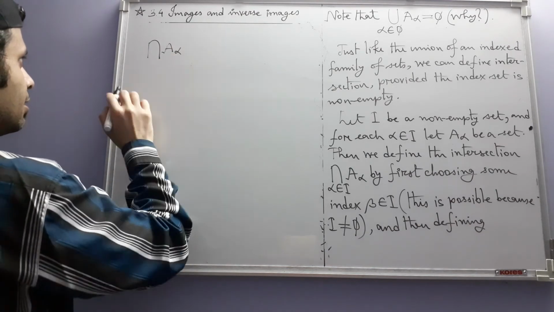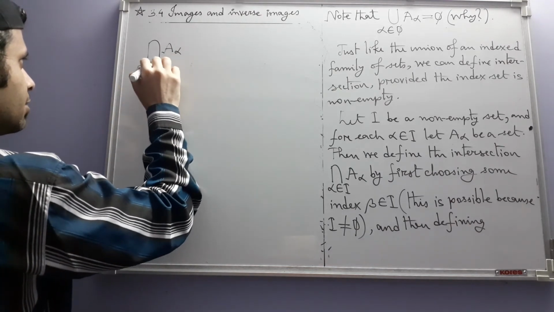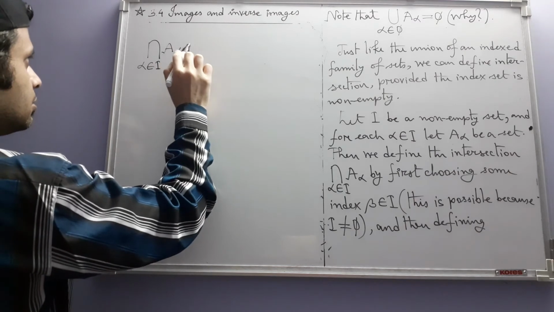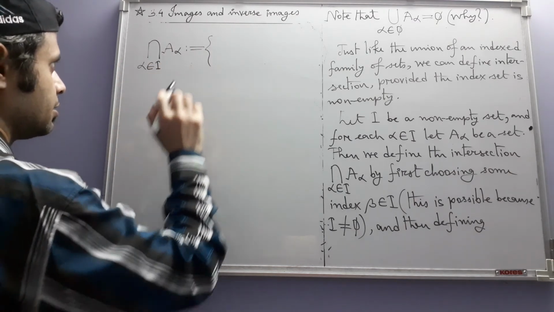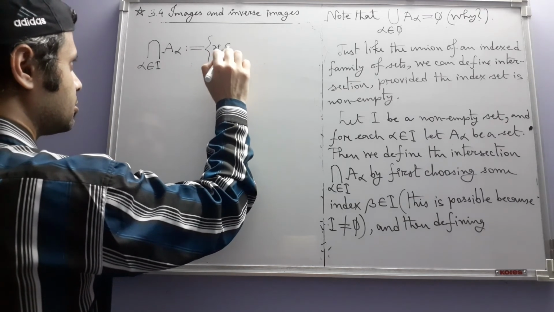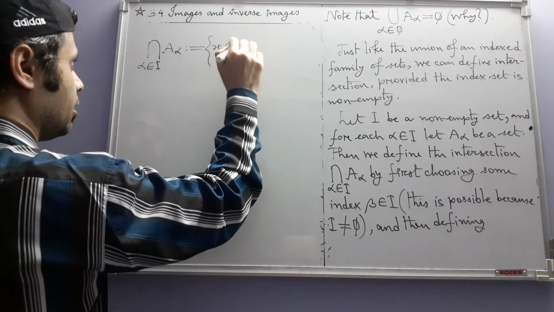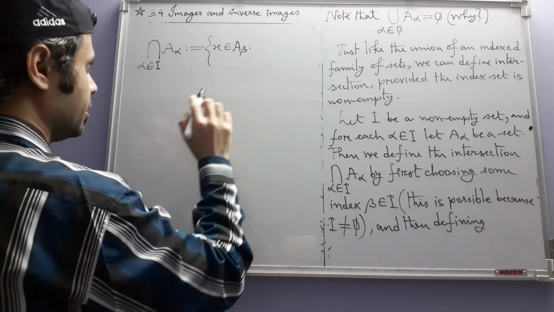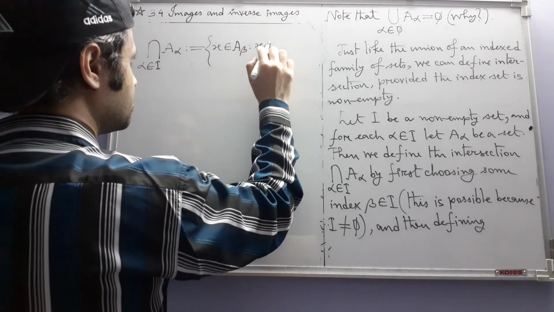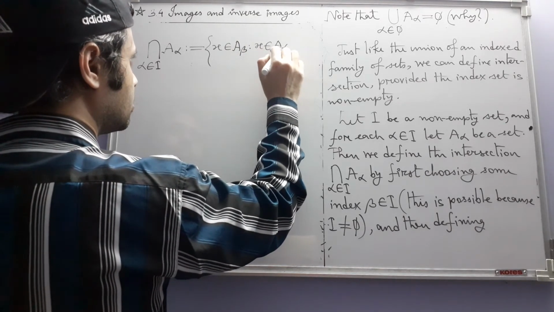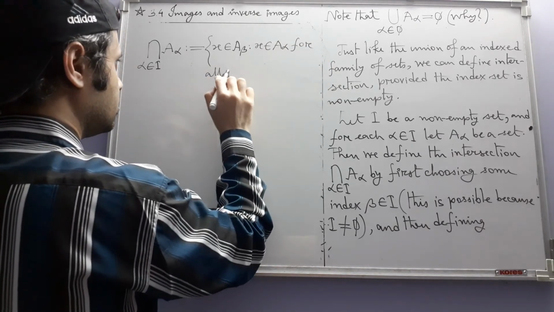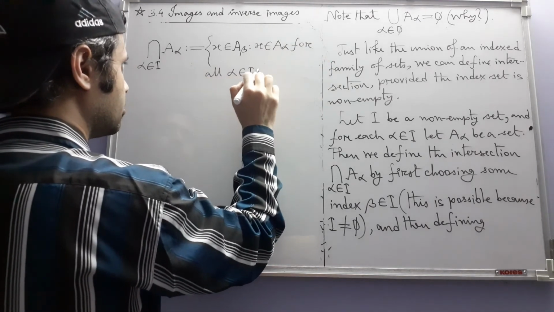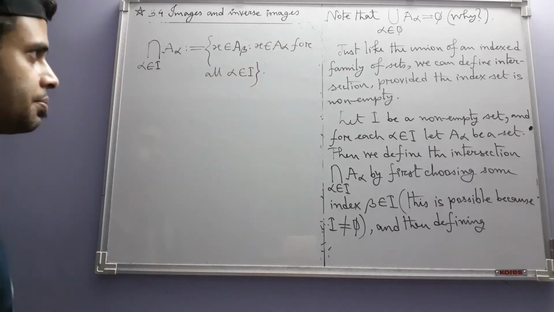The intersection of A alpha as alpha varies over I is defined to be the set of those elements x in A beta such that x belongs to A alpha for all alpha belonging to I.